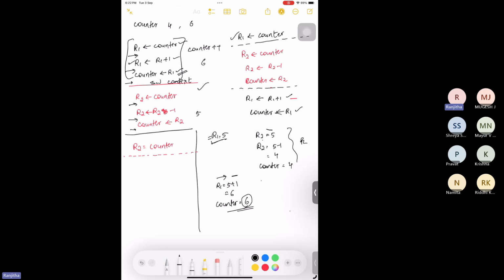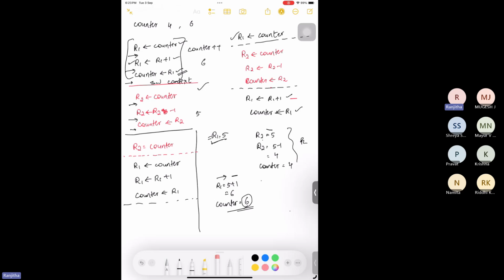Now after this statement, context switch happened, and now P1 is resuming. So this will be executed. Now after this, again a context switch happens, and we go back to P2.